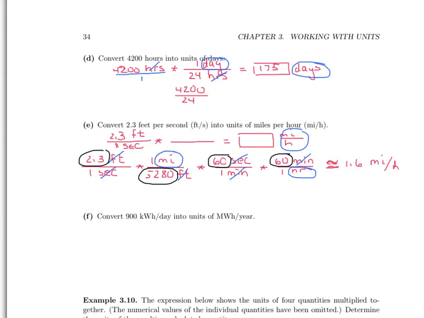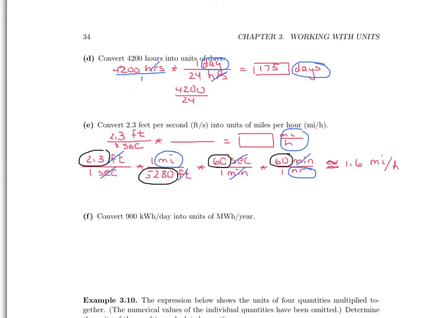In this case, we want to convert 900 kilowatt hours per day into units of megawatt hours per year. So you might perform a calculation like this if you wanted to know your daily energy usage, if you wanted to convert that into your yearly energy usage.